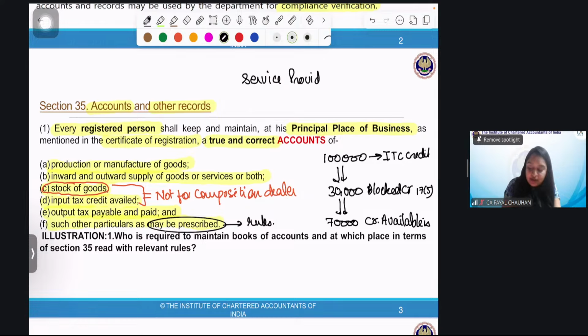Now tell me, I'm a service provider. Do I need to maintain this? See, the goods or the service which you are providing will be very relevant to decide which accounts and records are to be maintained. Yes, very good. Only for service suppliers. Very good. Okay, next.